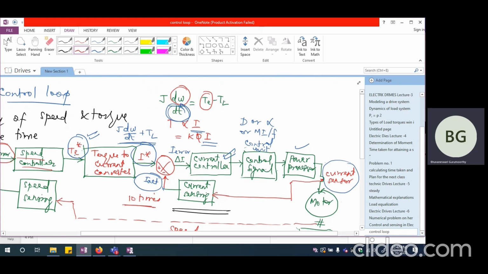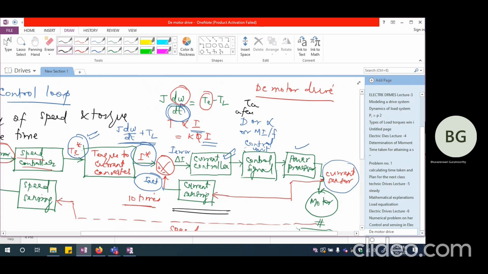So if I look at, for example, a DC motor drive, I am going to have the armature time constant of the order of only a few milliseconds. Compared to that, the field time constant is going to be larger because the field inductance is much larger. So you can have tens of milliseconds or hundreds of milliseconds as far as the field time constant is concerned.